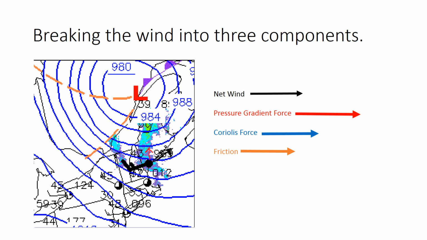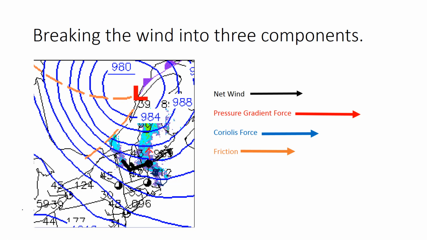So since the wind was blowing this way, and I actually messed up my arrow a little bit, the Coriolis force is going to be 90 degrees to the right of that path. So there's my Coriolis force. And actually that looks terrible because it's overlapping, so maybe I'll just draw it like that. But there's my Coriolis force.